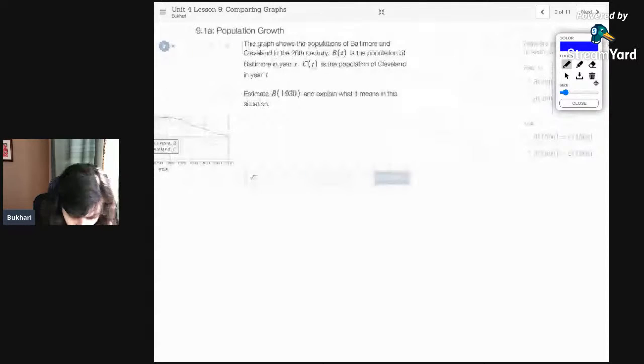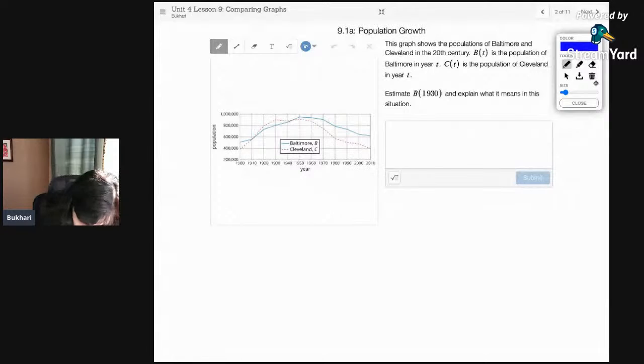So I'm going to go back to my graph and see where B of 2000 is. Here is my input of 2000. I know that Baltimore is in blue, and Baltimore has a population of a little more than 600,000.